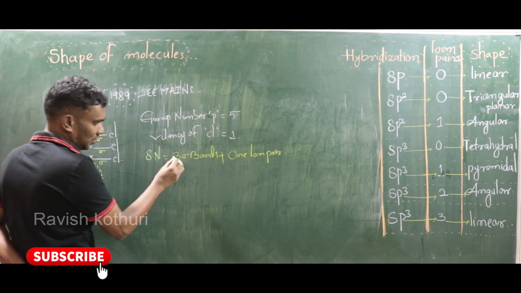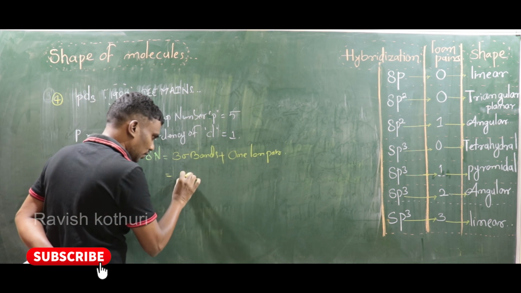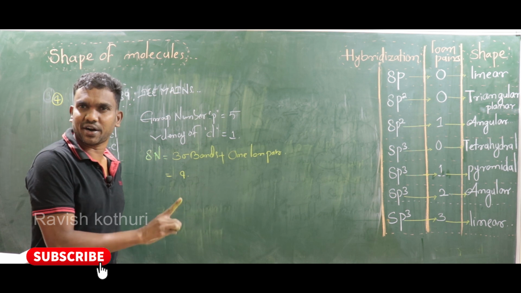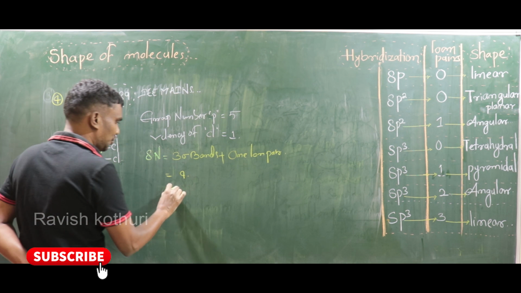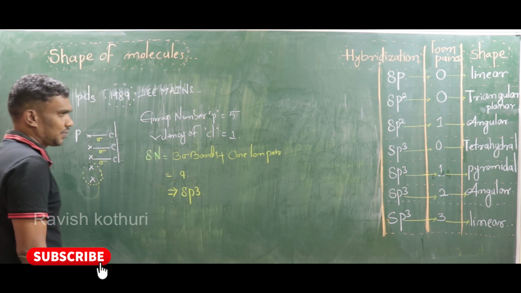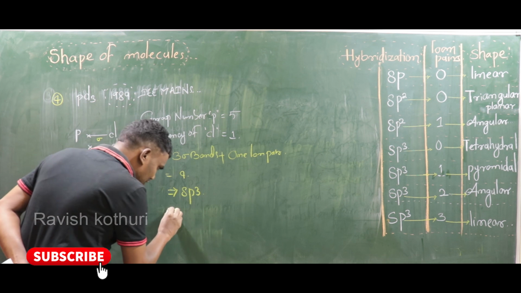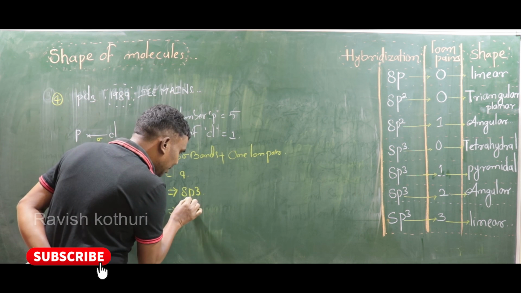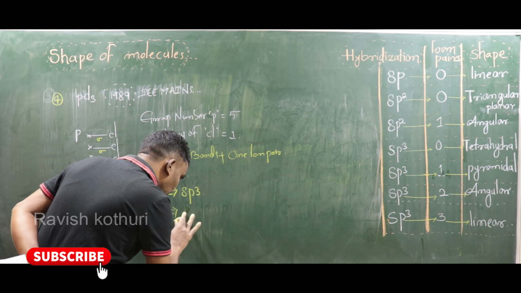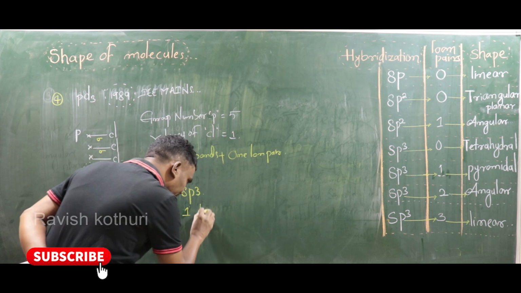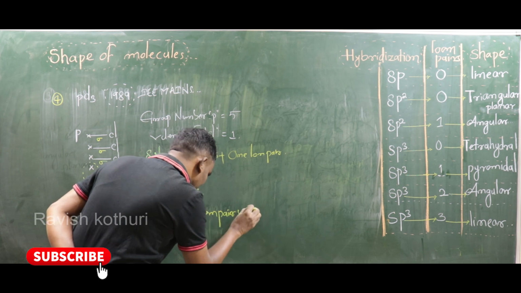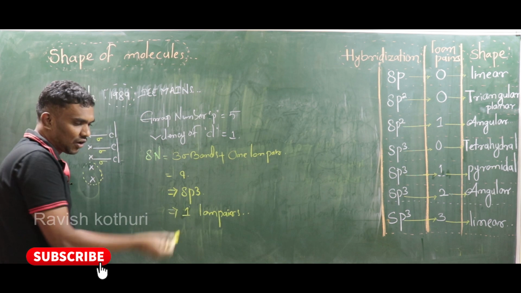Now you observe carefully. 3 plus 1, 4. See, the steric number is 4. So what is hybridization? The hybridization is sp3 hybridization. Clear? See, sp3 hybridization along with 1 lone pair.